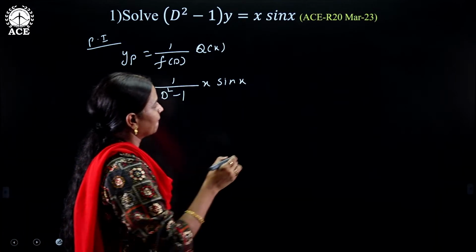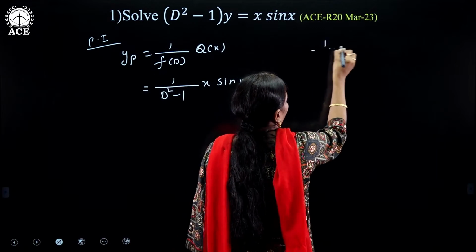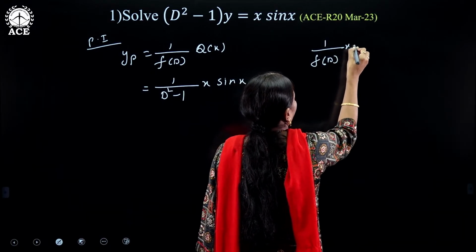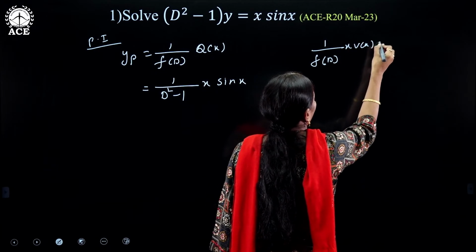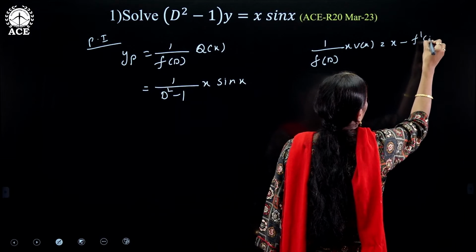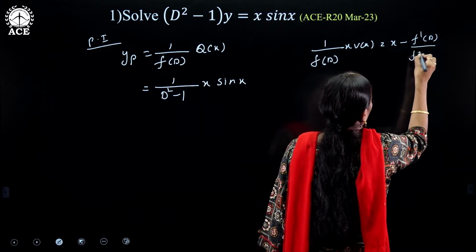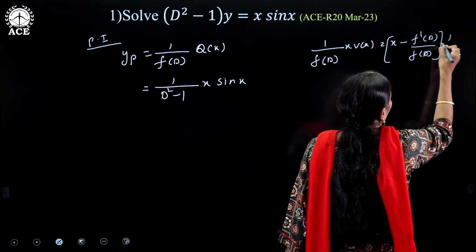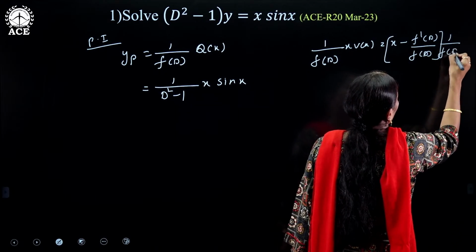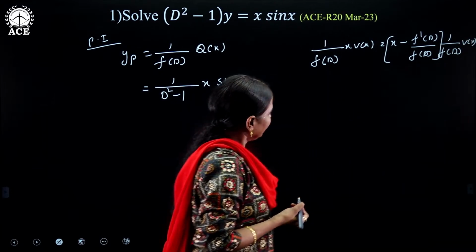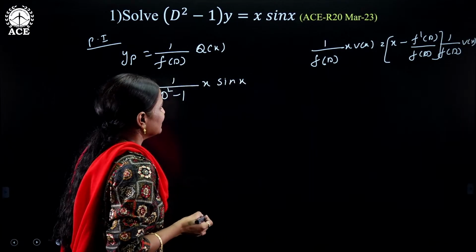So what is the formula? Formula is 1 by f of D into x into V of x, which is x minus f dash of D by f of D into 1 by f of D into V of x. In this question, V of x is equal to sin x.